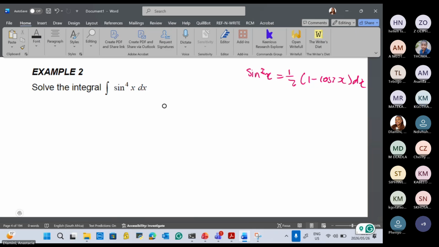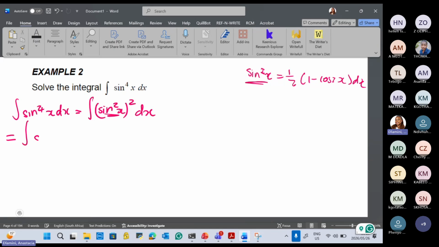Remember that sine to the power of 4 x dx can be written as the integral of sine squared x, squared, dx. Then this sine squared is this one over here. So it's just everything squared. Yes. Or it can be written as the integral of sine squared x times sine squared x dx, which means that we can apply this identity because here it's sine squared and here it's sine squared.